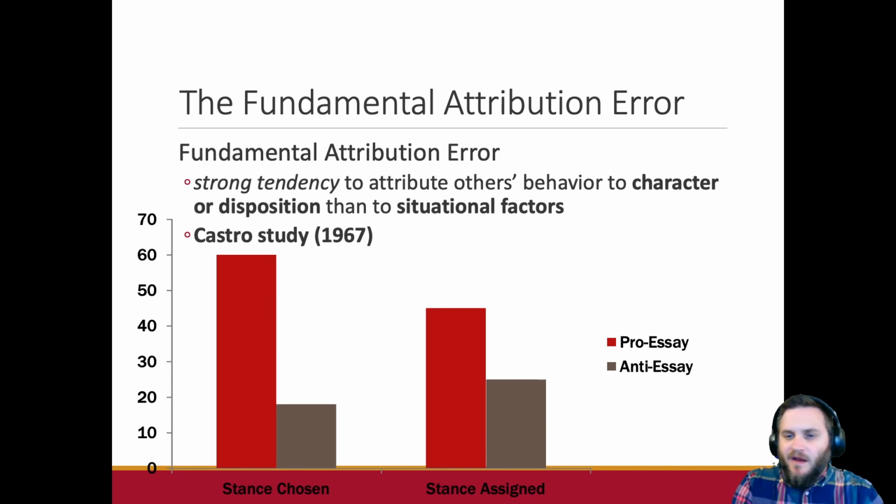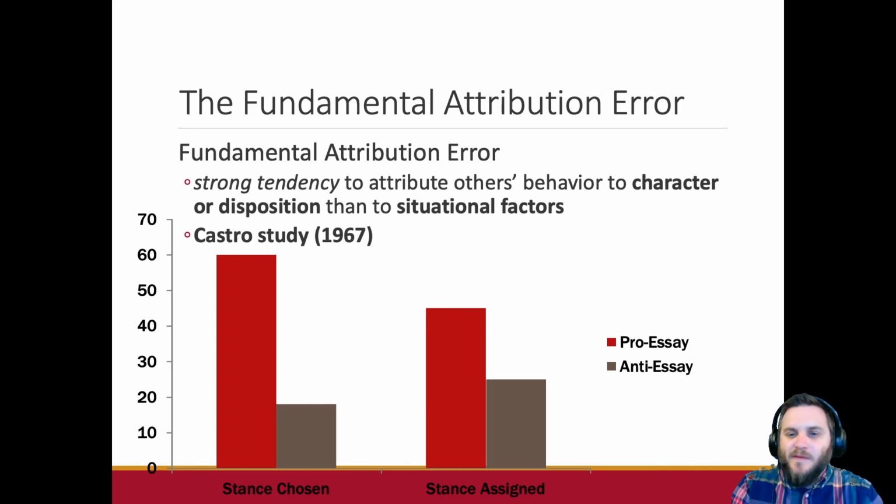So, a study for you, Jones and Harris, 1967. It's important because it's about Fidel Castro. So 1967 is the correct date here. So students at Duke were asked to read an essay about Fidel Castro's communist regime in Cuba. This is after like the Bay of Pigs and the Cuban Missile Crisis.